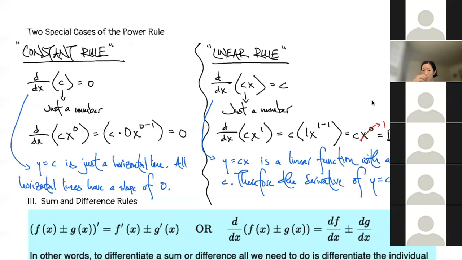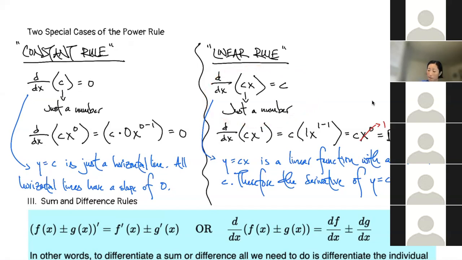Remember, derivative is the fancy way of saying find the slope of this function. And if the slope is always 0, that's when we have the horizontal line. But if we have a regular slanted line, the slope is just the coefficient of that linear term.